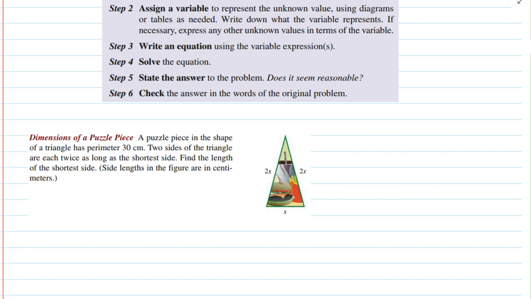We are given a shape here which helps us with the geometry of this, but imagine constructing this shape yourself. You would have to do that based on reading this line: two sides, each twice as long as the shortest. So it looks like that's the shortest, and these are twice as long.